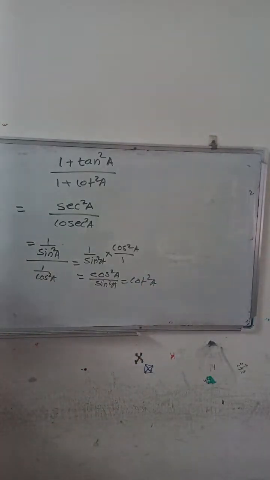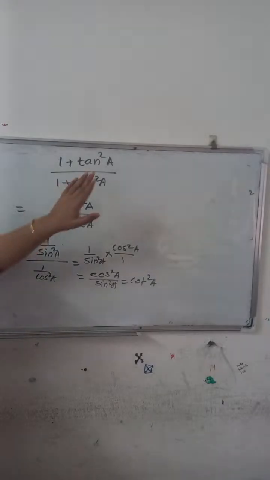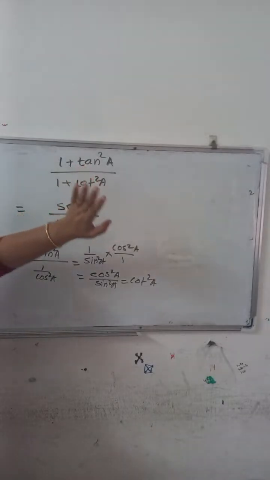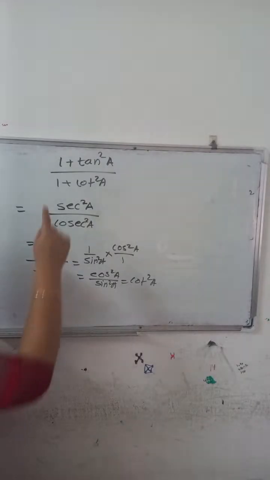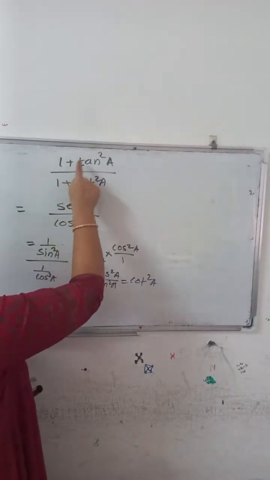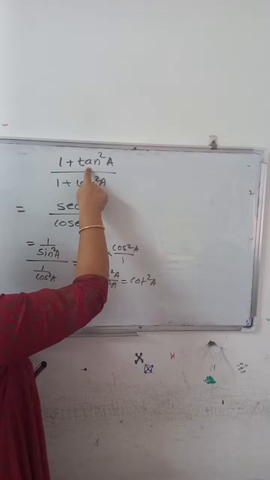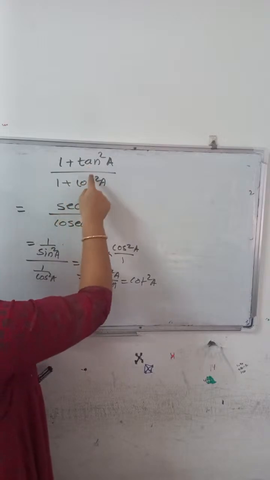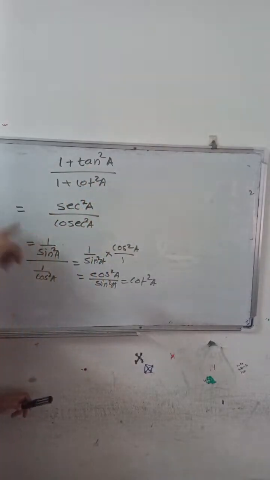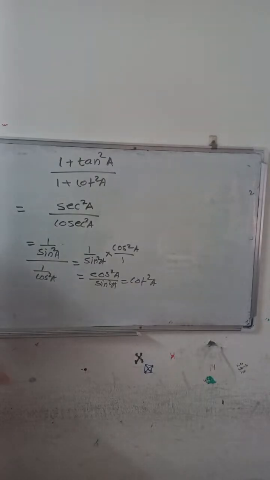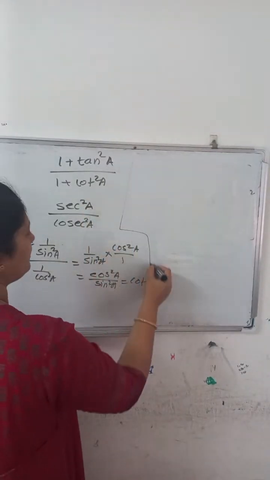You can use the identity or you can directly convert tan in terms of sin by cos. Means you will get 1 plus sin square A by cos square A upon 1 plus cos square A by sin square A, because tan is nothing but sin by cos and cot is nothing but cos by sin. Then take LCM and again simplify, using the identity sin square theta plus cos square theta. Again you will get the same answer. Can you get it? Or else I will solve by another method.